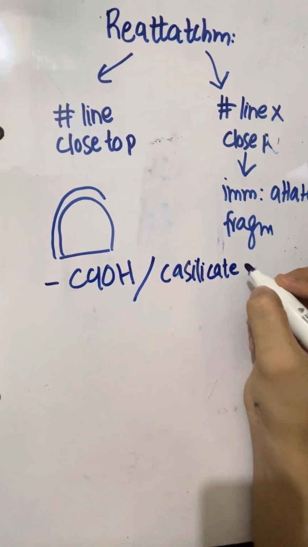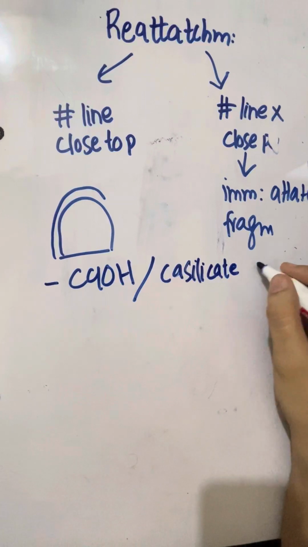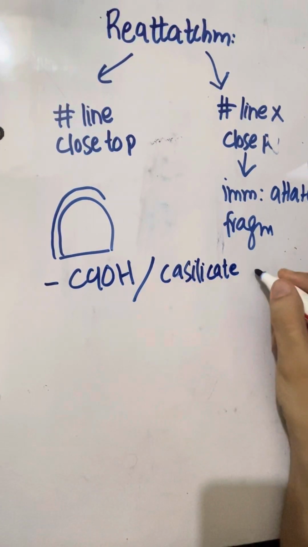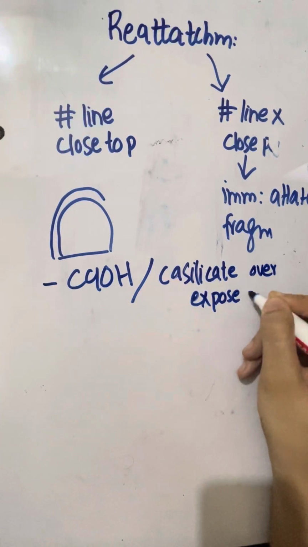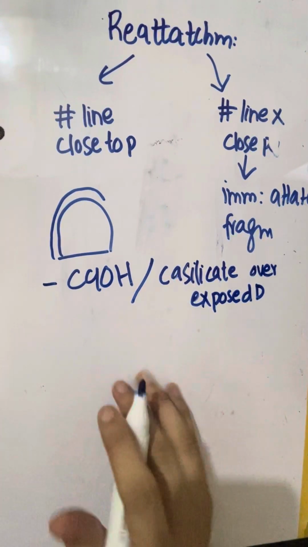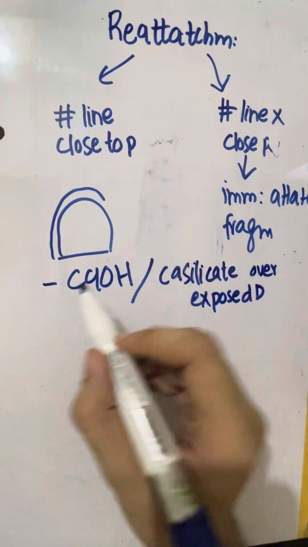Calcium hydroxide or calcium silicate over the exposed dentine for a month.